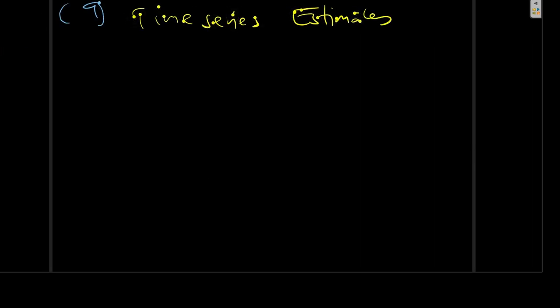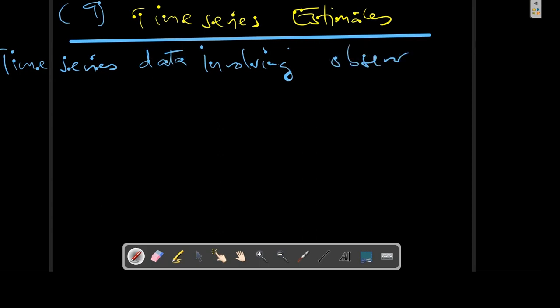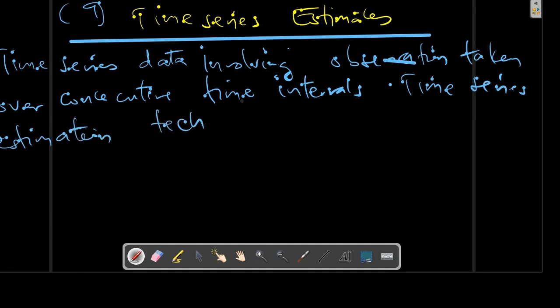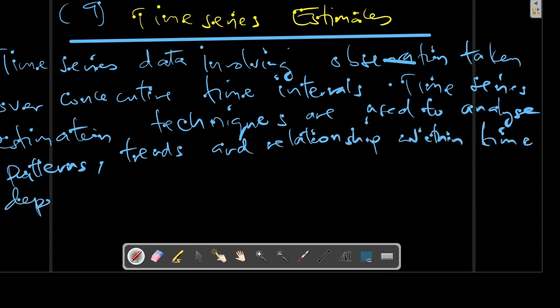Also, another type of estimate, apart from the panel data estimates, is the time series estimates. Time series data estimates involve observations taken over consecutive time intervals. Time series estimation techniques are used to analyze the patterns, trends, and relationships within the time-dependent data.